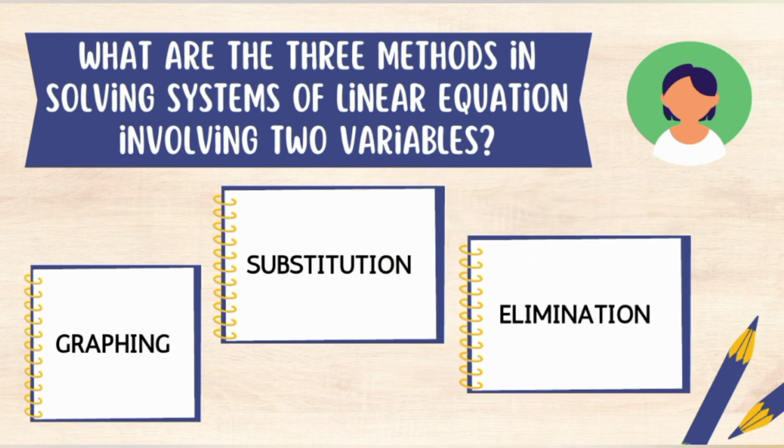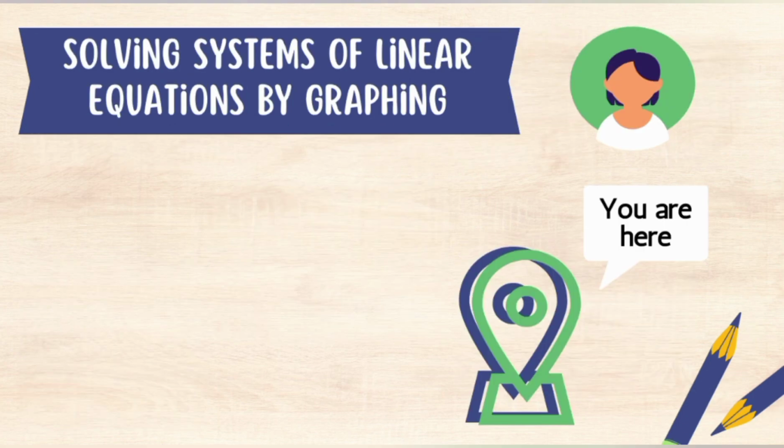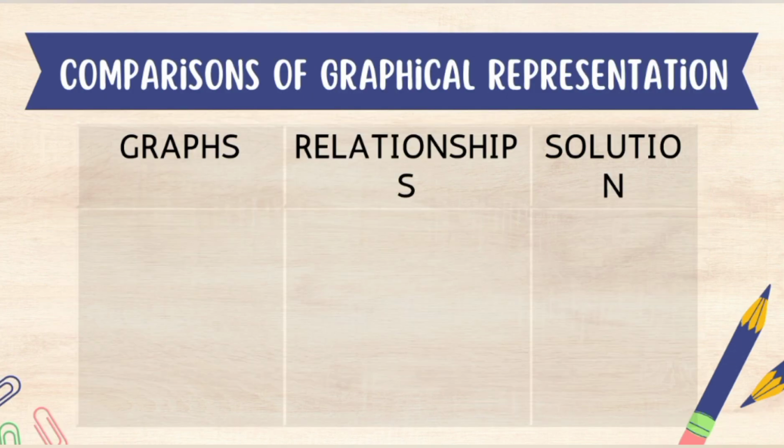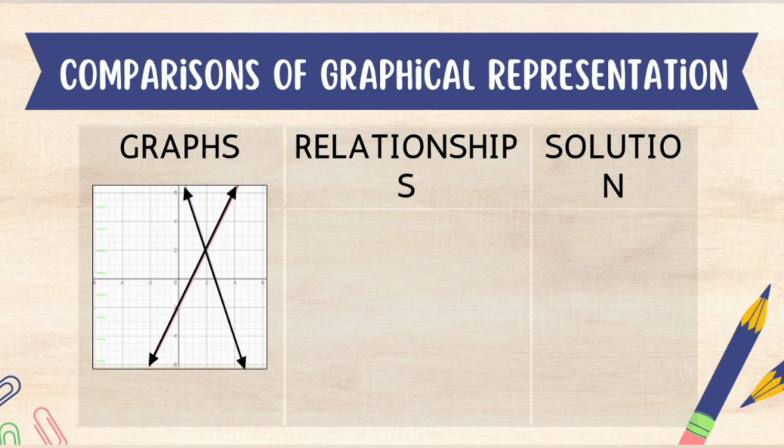First, let's talk about graphing. Graphically, the solution to a system of linear equations is the point where the lines intersect. Here we have the comparison of the graphical representation of each type of graph. First is two lines that intersect.